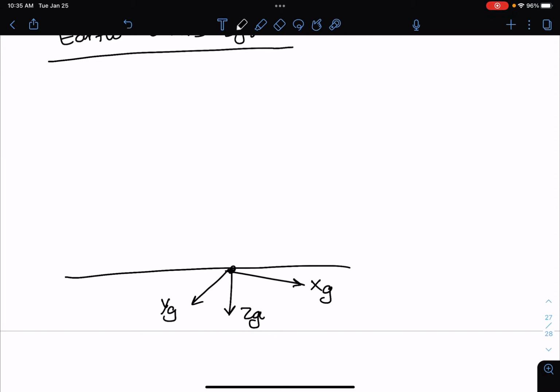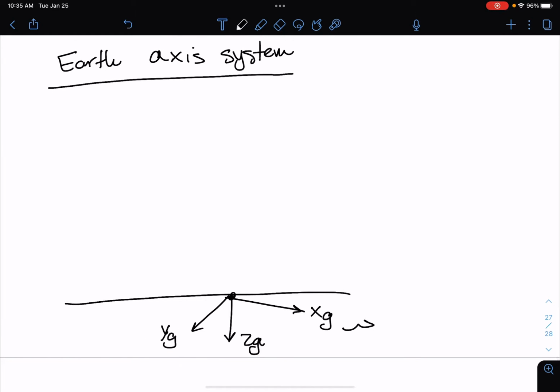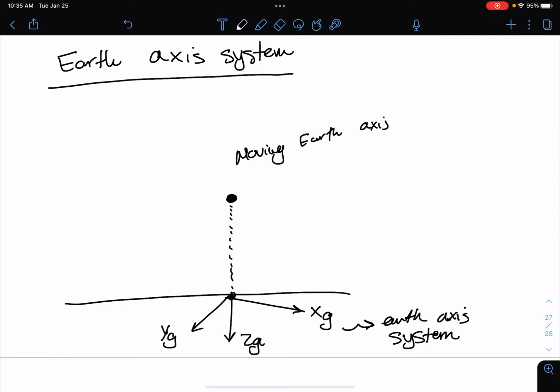Again, this Earth axis system lies on the surface of the Earth. And let's assume this point is your plane. Then we are going to define another axis coordinate system. It's called the moving Earth axis system.